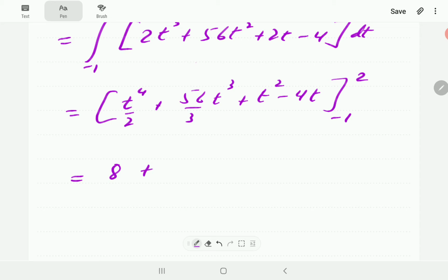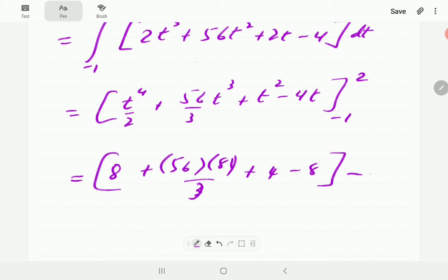So if we plug in t is 2, this is going to be 56 times 8 over 3. This is going to be 4 minus 8, so that's the first term.